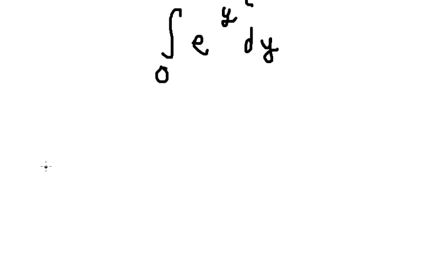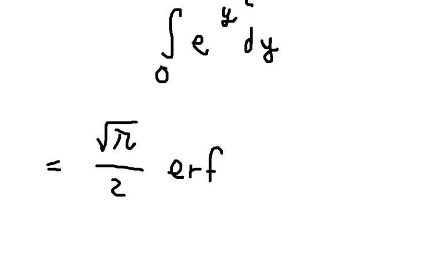So the integration of this one is the square root of pi over 2, and we have the error function.